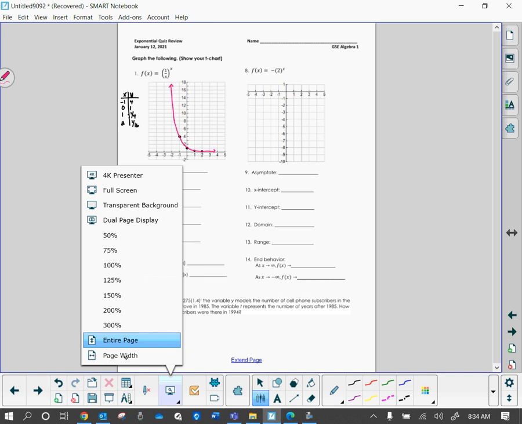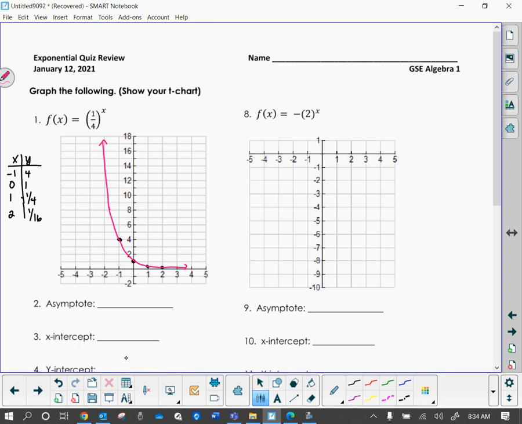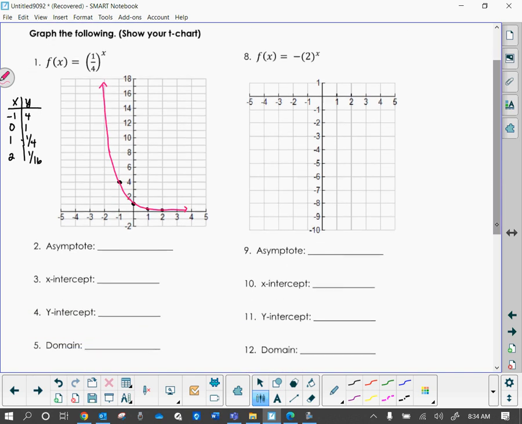Okay. So the asymptote, the horizontal line that this graph approaches, is y equals 0.